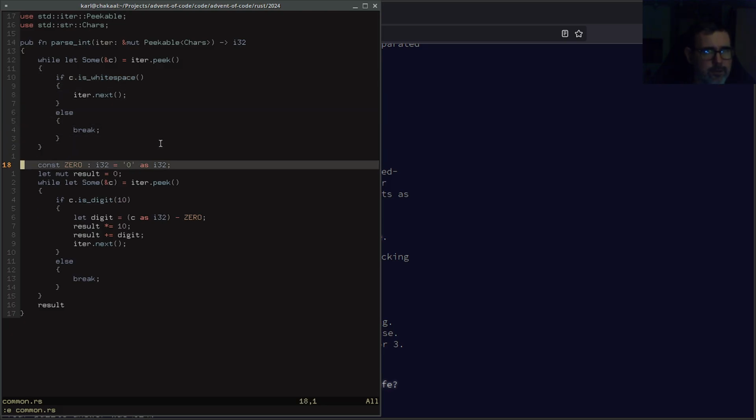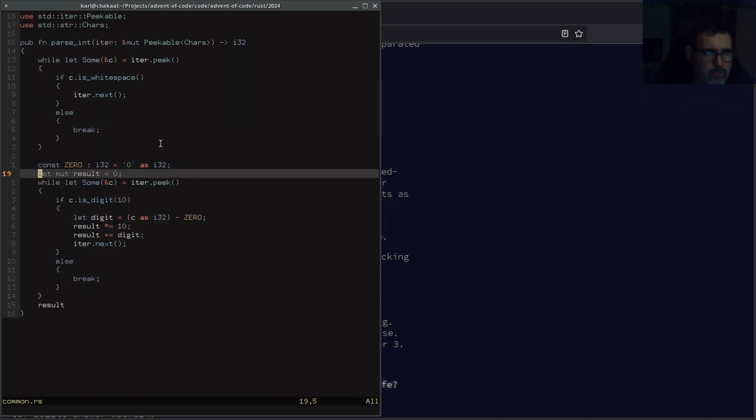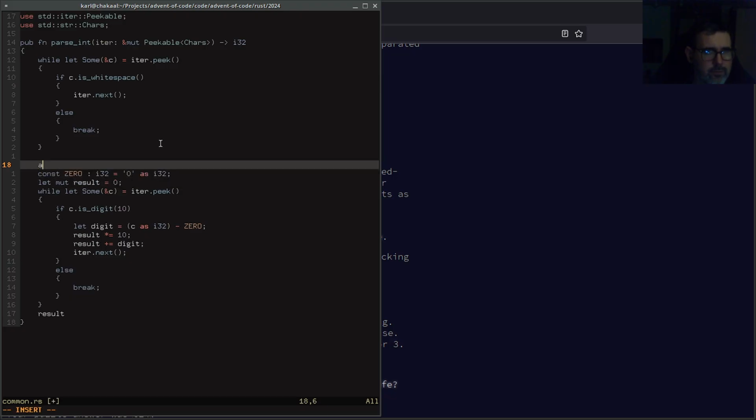Then we do a little bit of nonsense here so we can cast or convert our character into an integer. But what I want to make sure, because we're not doing any check before we get in here, is that it's okay to gobble up some white space, but we expect to get at least one number. So I'm going to just throw an assertion.